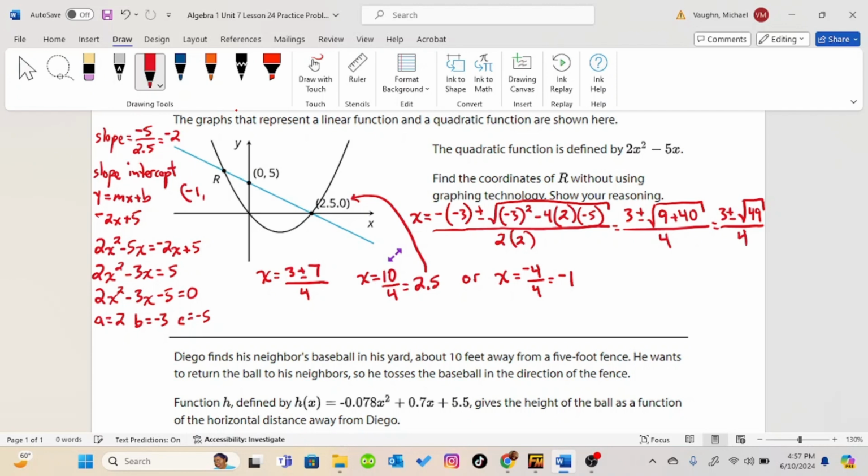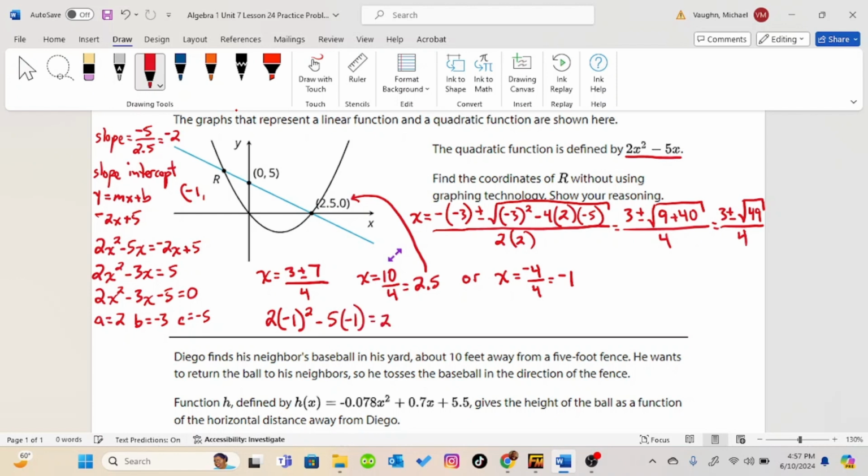Now we need to know what the y value is. So we're going to take the quadratic expression and we're going to substitute negative 1 into it. So we have 2 times negative 1 squared minus 5 times negative 1.